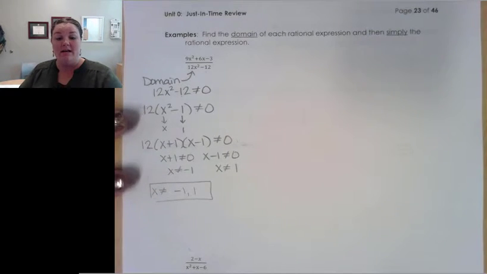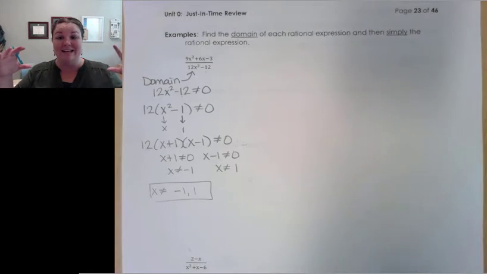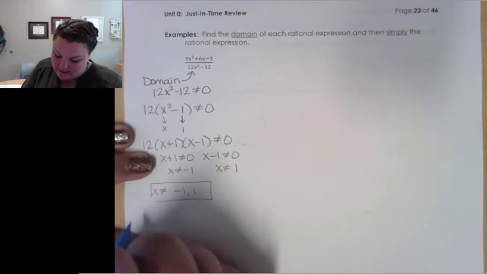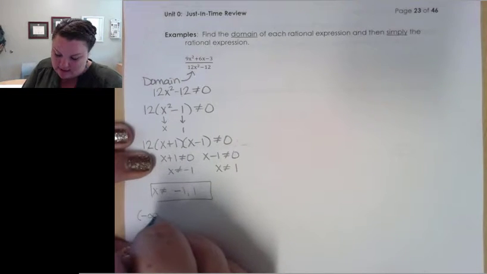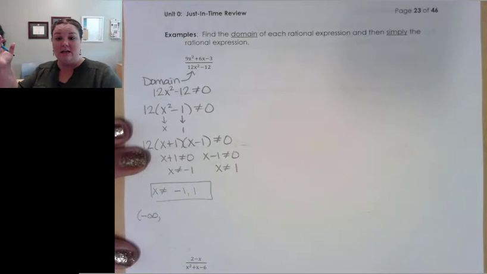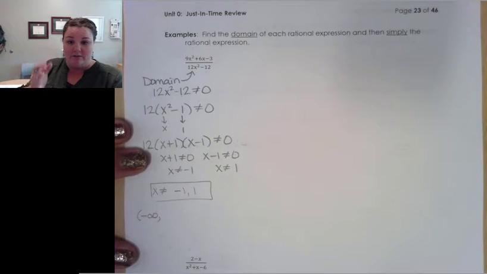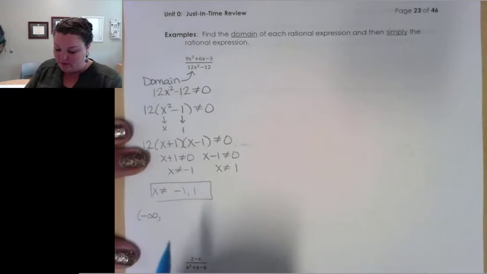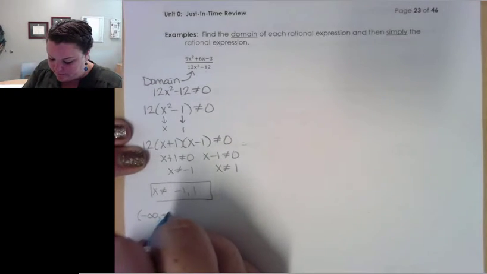But if they want to write it out in interval notation, what that tells me is that x can be anything from -infinity up to whatever my first excluded value is, which in this case is -1.